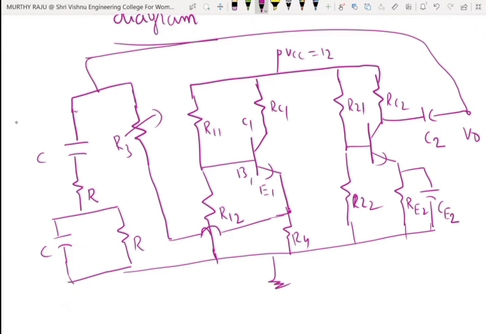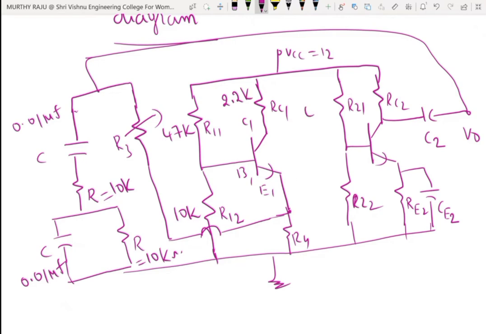Let C be equal to 0.01 microfarad and R equal to 10 kilo ohms. R11 is equal to 47K. R12 is equal to 10K. RC1 is equal to 2.2K.